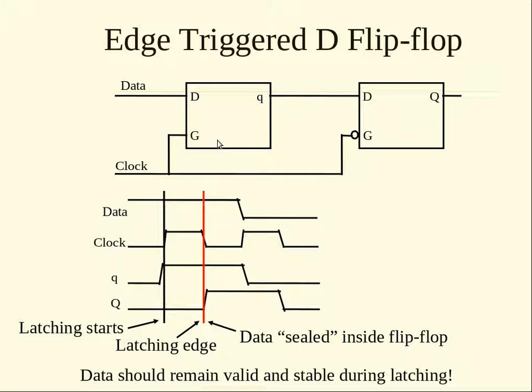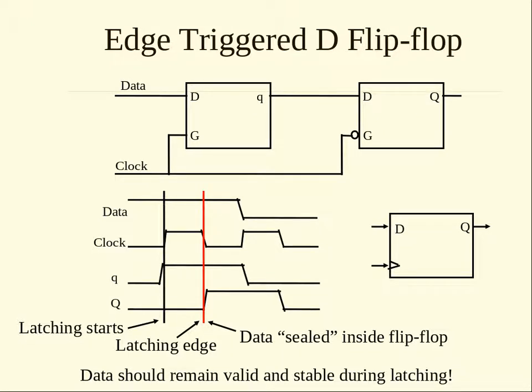So it's flip-flopping in that there's this idea of sealing the data, outputting it until it moves on. This is very, very important because you want your registers to be outputting the same values until you're ready to seal in the next value. And that's what the clock gives you.